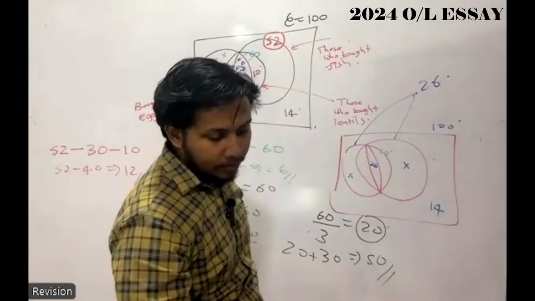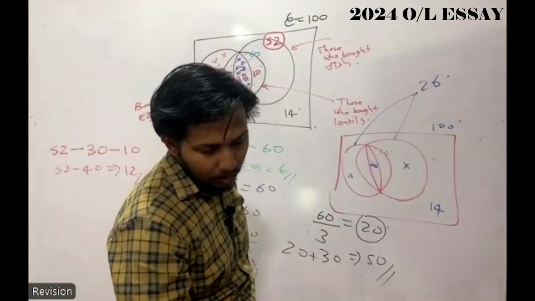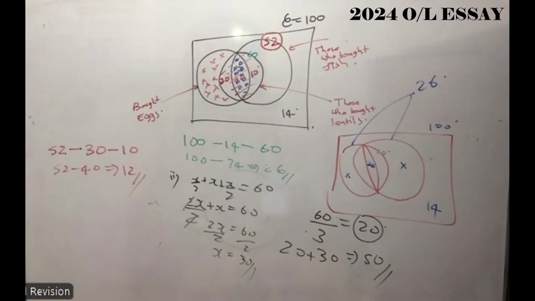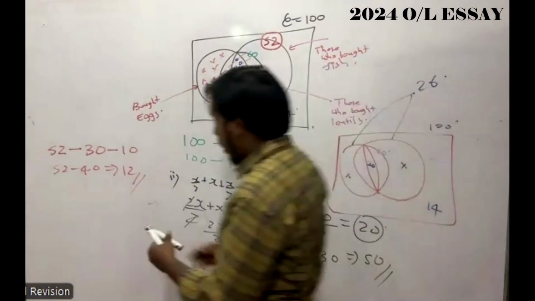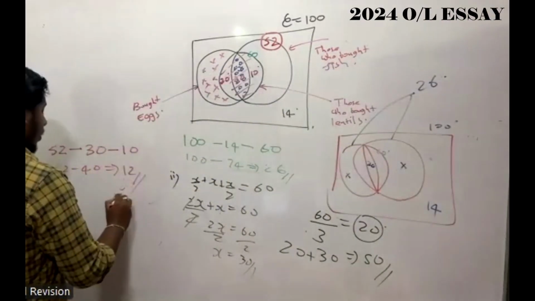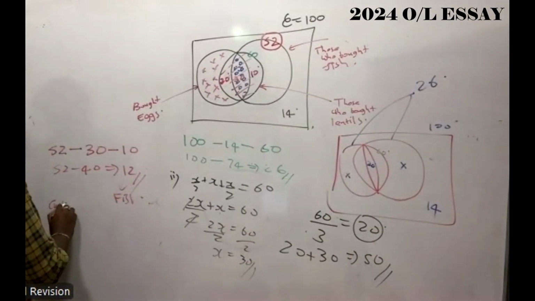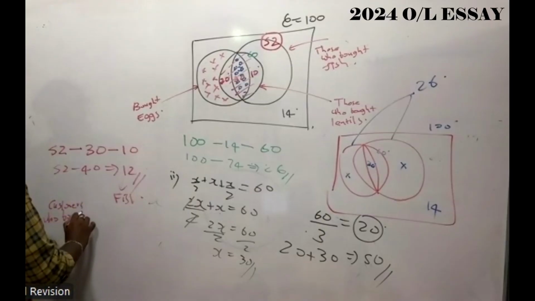Note it down. This is the number of customers who bought only fish, right? They are asking for customers who bought only eggs.